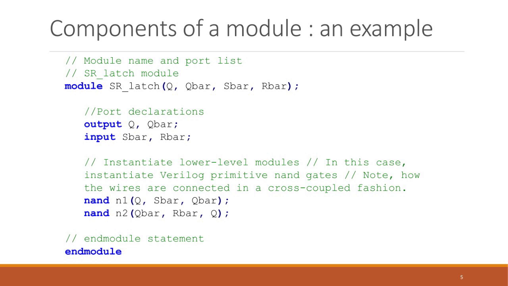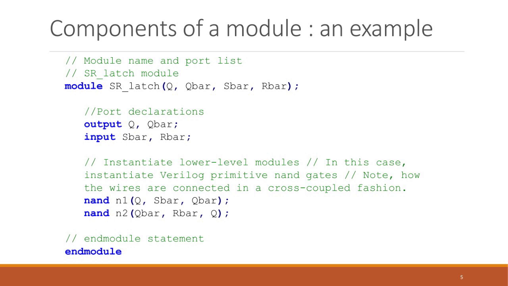Here, the first thing you need to do is to give the module a name. This name should be given just after the module keyword, and we have given the name SR underscore latch to this module. Then within brackets, you need to give the ports list of the module. This ports list contains the inputs and outputs of the module.